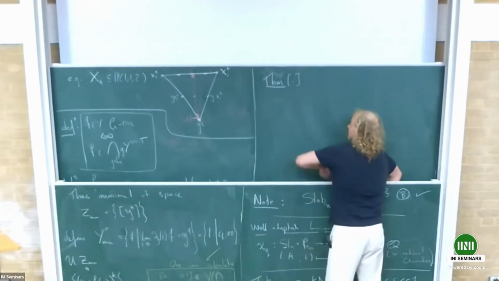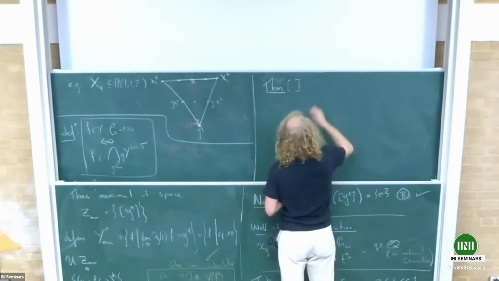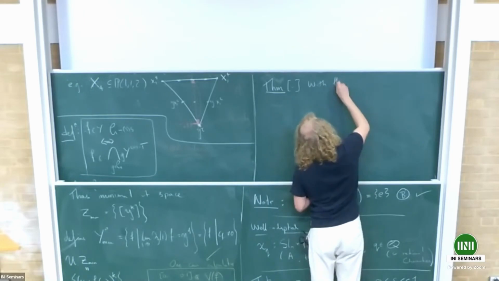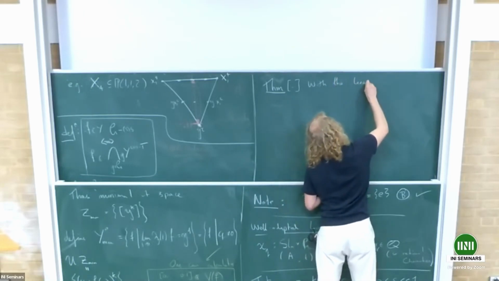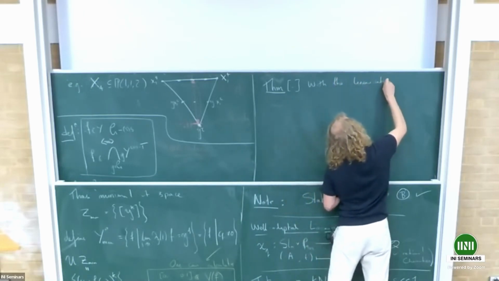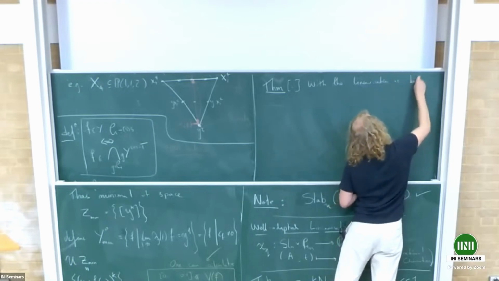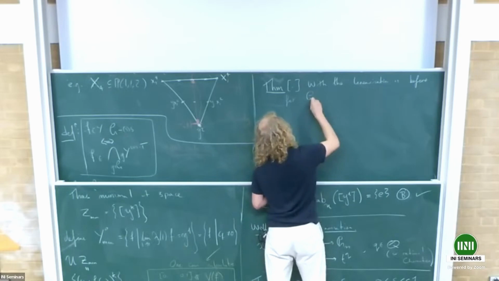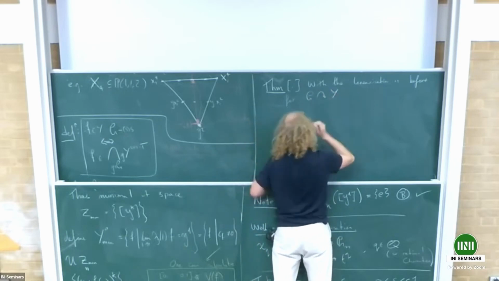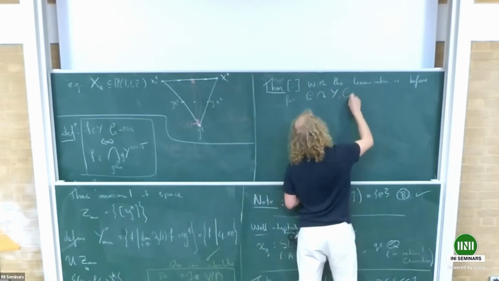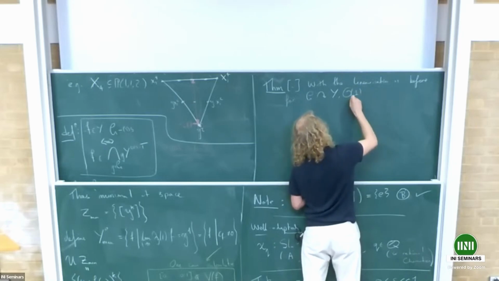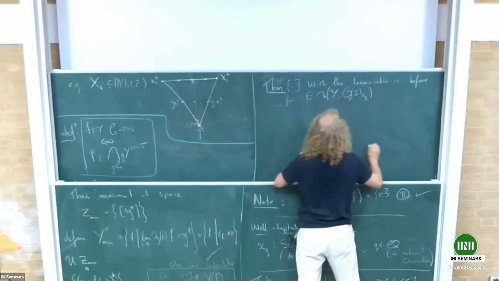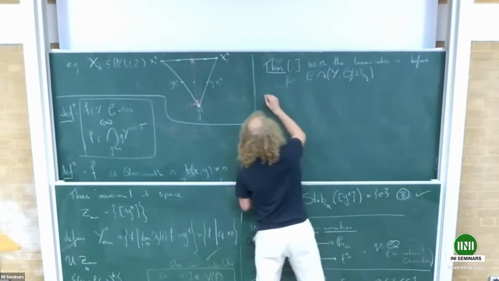Right, so the theorem is as follows. With the linearization as before, for G acting on Y, specifically this is O1 twisted by OQ, we have the following picture.